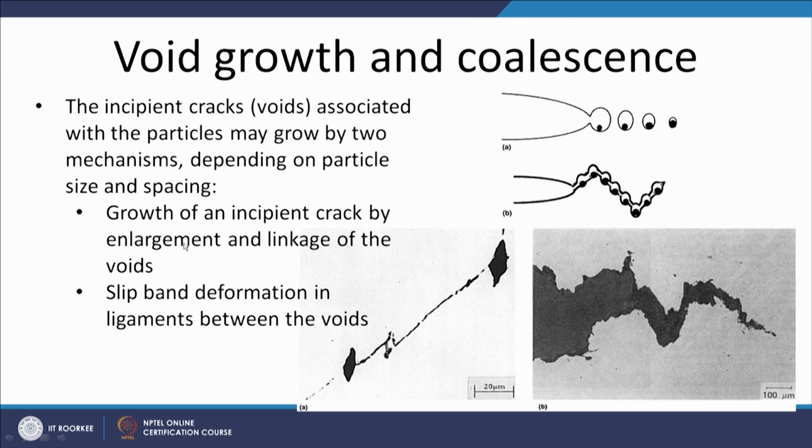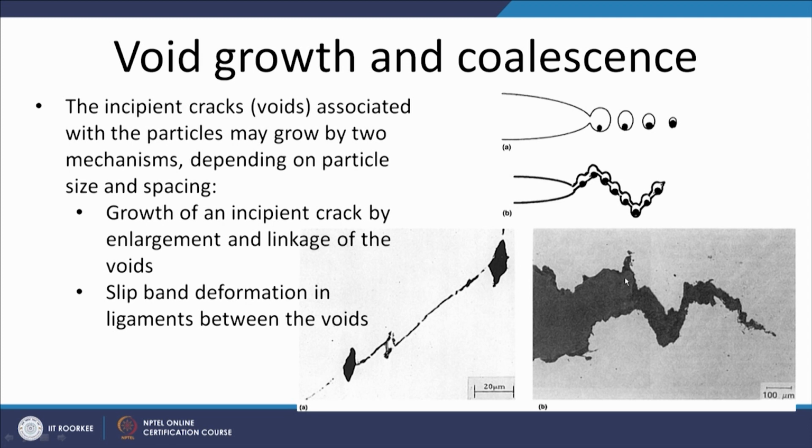So, this is one case where growth of an incipient crack by enlargement and linkage of the voids takes place. But when these inclusions are present at different locations, there can be a change in the direction of the fracture also. Slip band formation in the ligament between the voids can take place. Say this is one location where a void is being formed, and this is another location. In between, slip can occur and shear fracture can be observed.